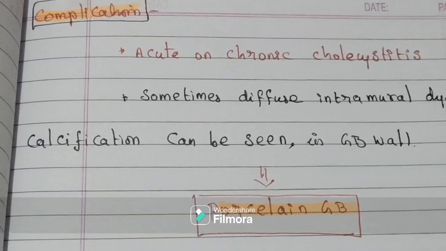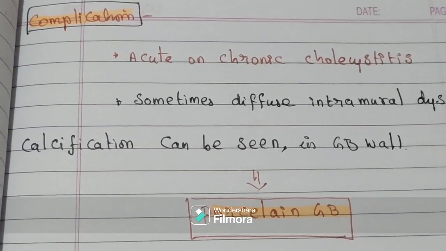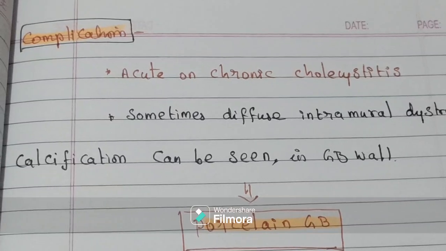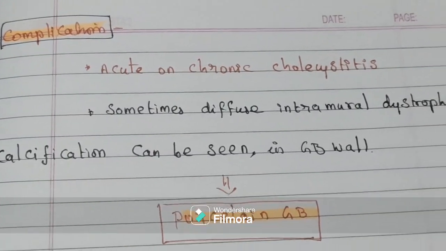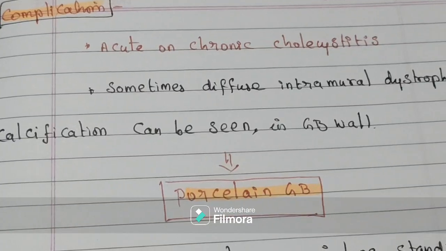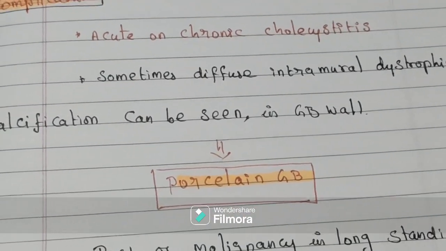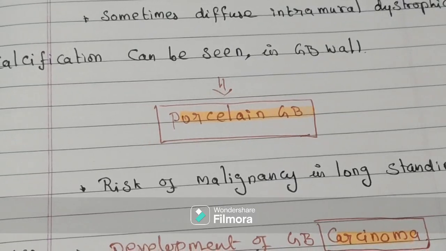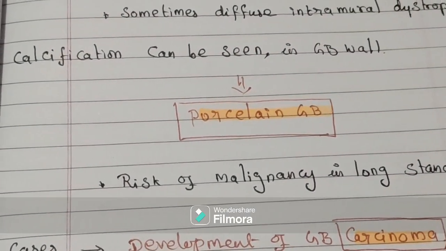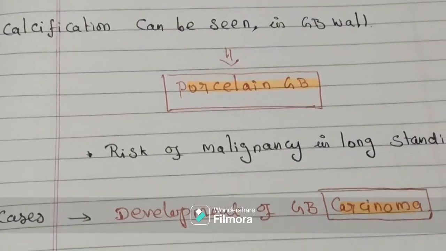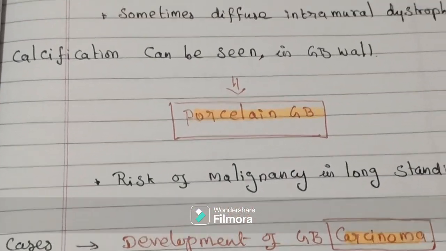Sometimes diffuse intramural dystrophic calcification can be seen in the gallbladder. That is referred to as porcelain gallbladder. Risk of malignancy is always there in long-standing cases, resulting in development of gallbladder carcinoma.